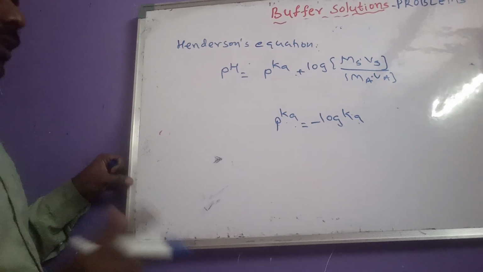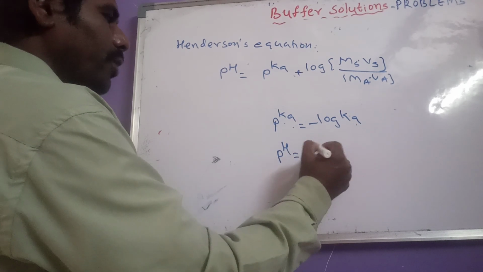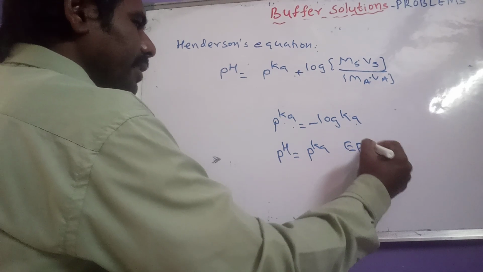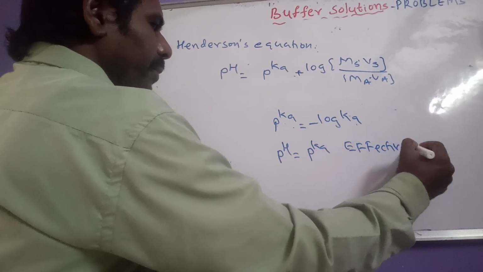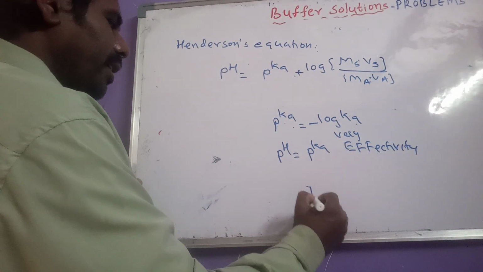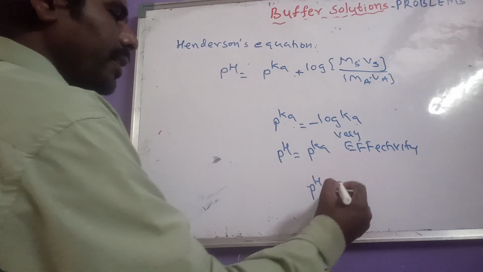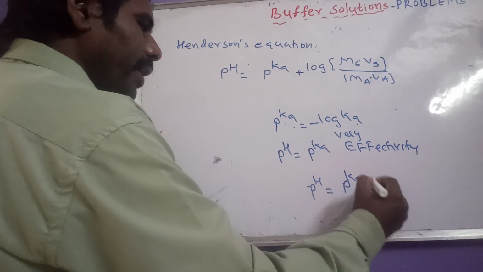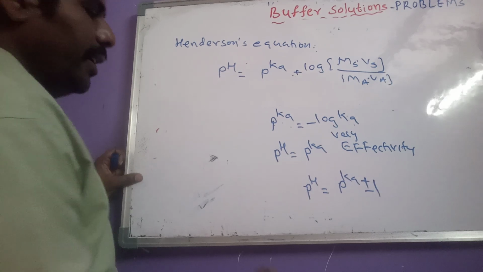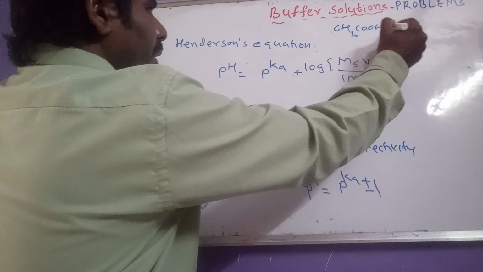And one important thing here: if the pH of an acidic buffer is equal to its pKa value, that buffer will work very effectively. In general, any acidic buffer will work in the pH range of pKa plus or minus 1. For example, consider acetate buffer.